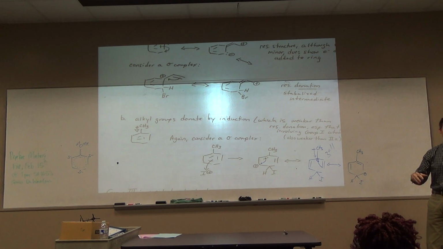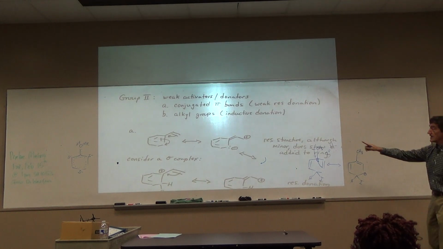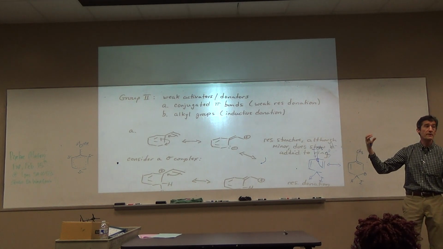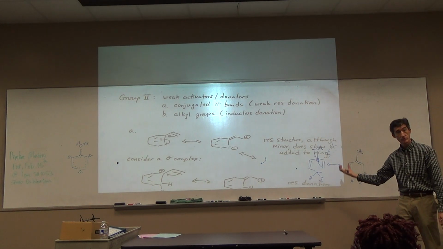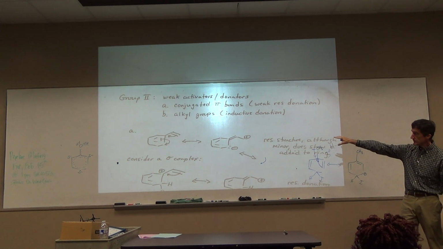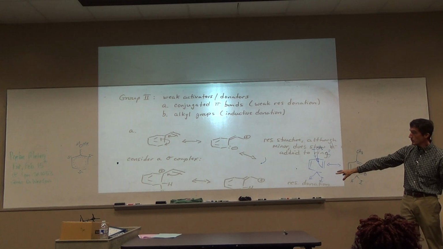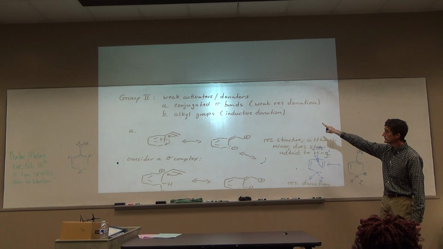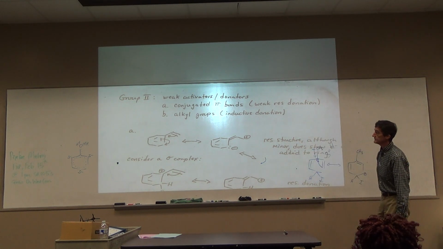Resonance is stronger. Group 1 has resonance. Actually, the pi bond up there has resonance, but that resonance doesn't have a lone pair, so it's not as strong as group 1. So there's 2 that fall here. Both of these, an alkene like that, or an alkyl group. Weak activators or donators.